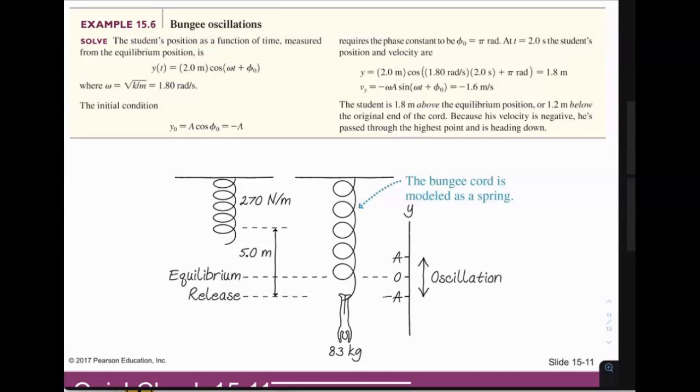We have as an initial condition that the initial position is equal to A cosine of the phase constant, and that's equal to minus A. So that requires that the phase constant be equal to pi radians.